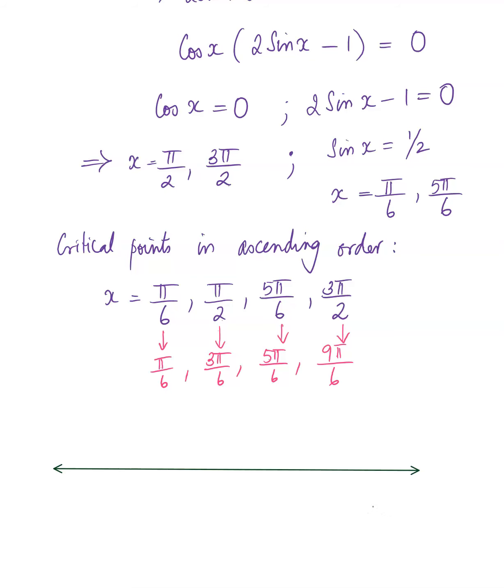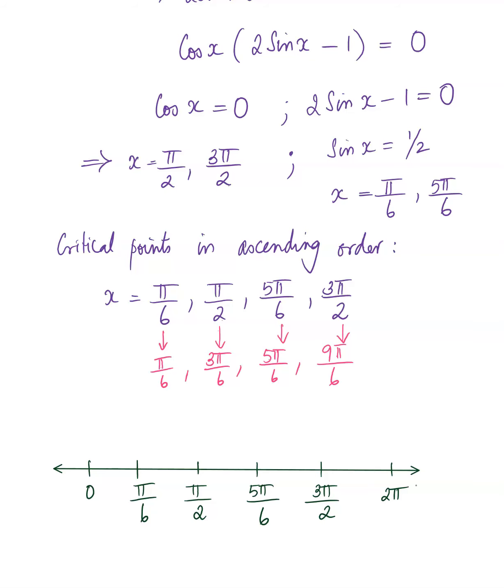Now I need to mark the end value, so 0, and then we have the 2 pi. They're actually not equally spaced as such, so I'm just going to eyeball the positions. Then you have the 2 pi.